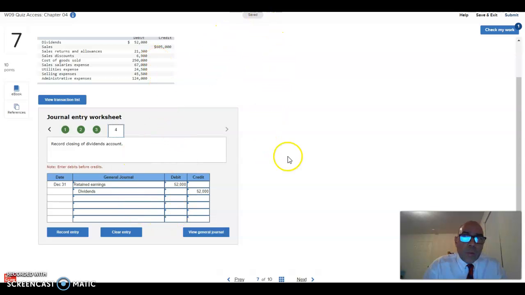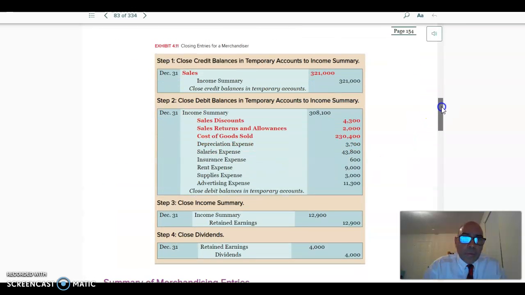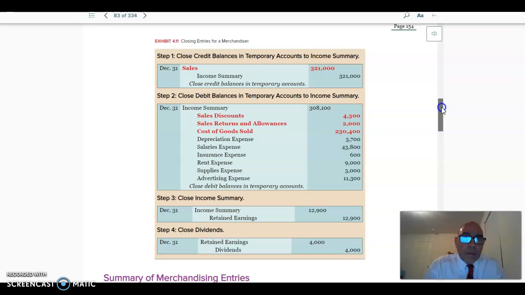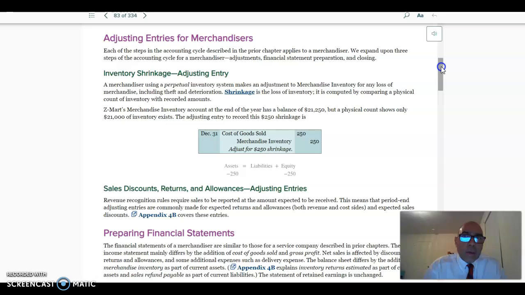Also, if you want to refresh your memory and make sure you're doing everything right, you can check here in the book. Those are the entries again. This is what we just talked about, steps 1, 2, 3, and 4 in more detail.